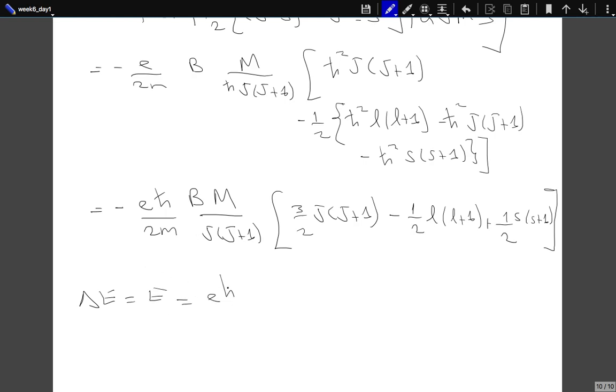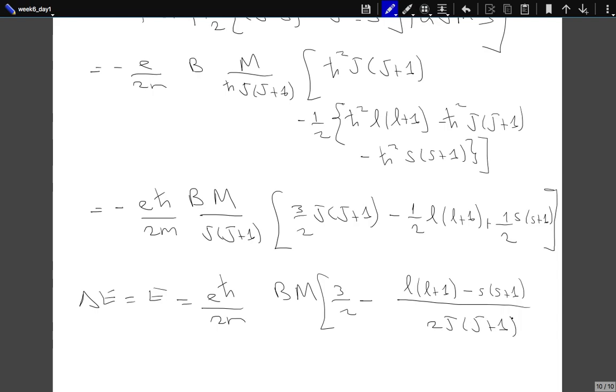It is given by e h bar over 2m, B m, times 3 over 2 minus L plus 1 minus S plus 1 over twice J plus 1. Now this is the expression for the energy eigenvalues in your book. This expression is correct, but with the approximation that we are only looking at the first order in a perturbative expansion.